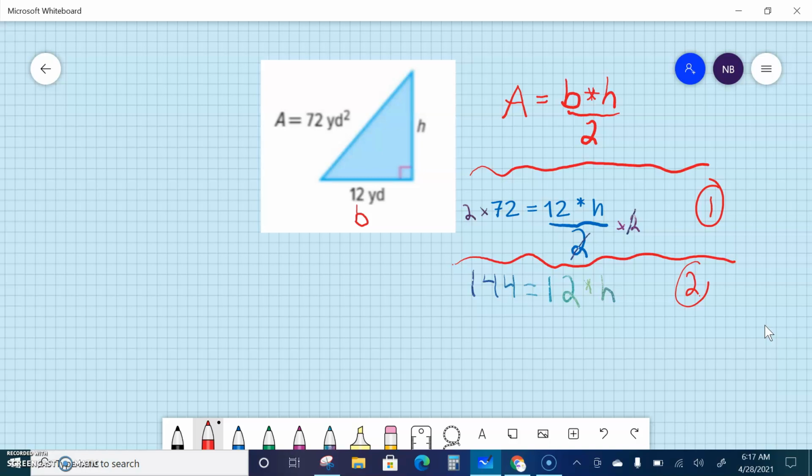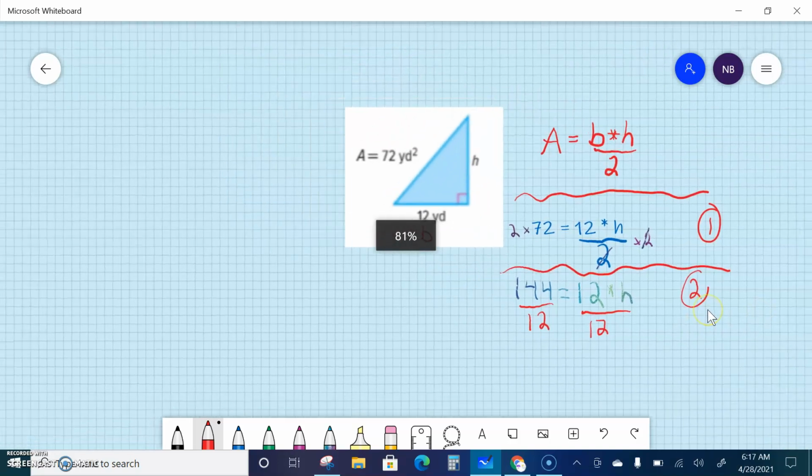Sorry, we need to find out what the H is. So in order to get rid of the 12, we're going to do like we did with the 2's. Okay. And we're going to say this side divided by 12, and this side divided by 12.